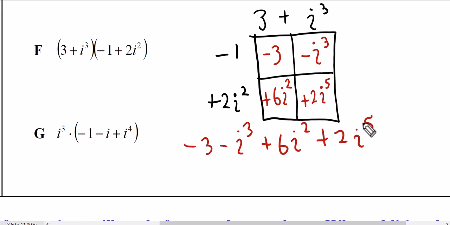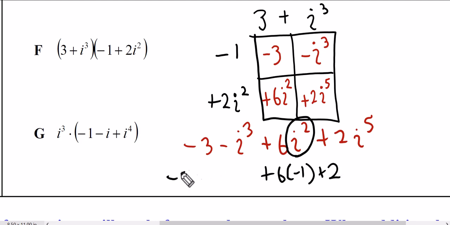Now, this is where it's going to be pretty handy if you have your other set of notes with all the powers of i that we did. Pretty convenient. We know, for example, that i squared is -1. What is i to the 3rd power? It's -i.